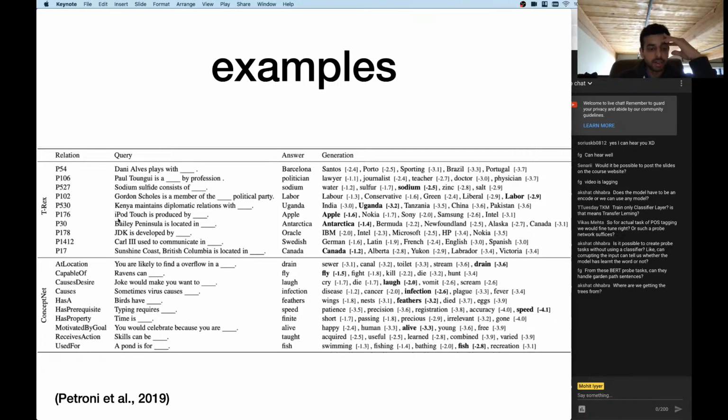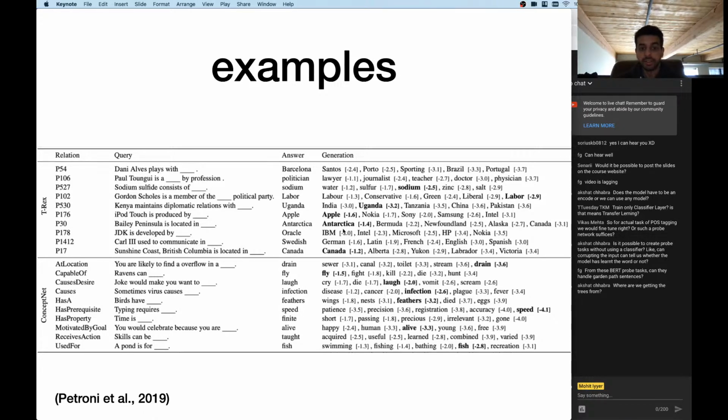Here we can look at "iPod Touch is produced by," so this is like a product-company relation. The correct answer is Apple, and the model's highest ranked, most probable prediction was also Apple. Similarly, "Bailey Peninsula is located in [blank]." Antarctica was the correct answer and also the model's most preferred answer.